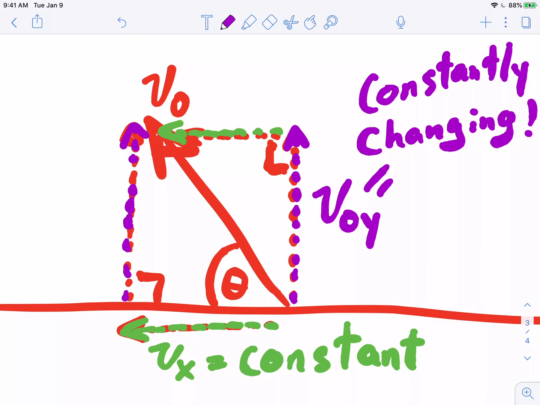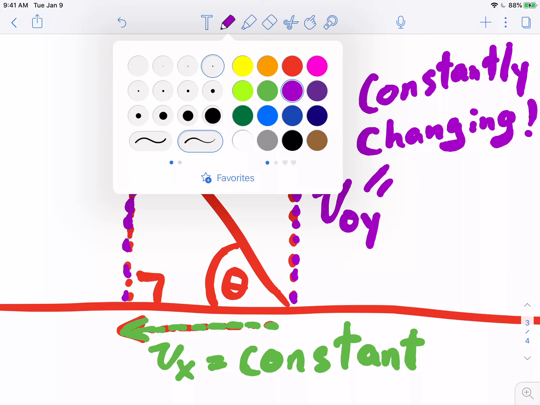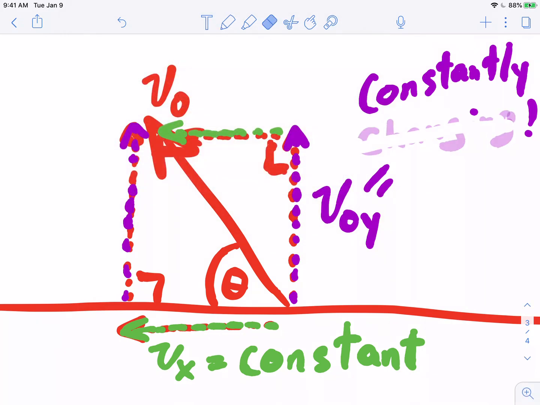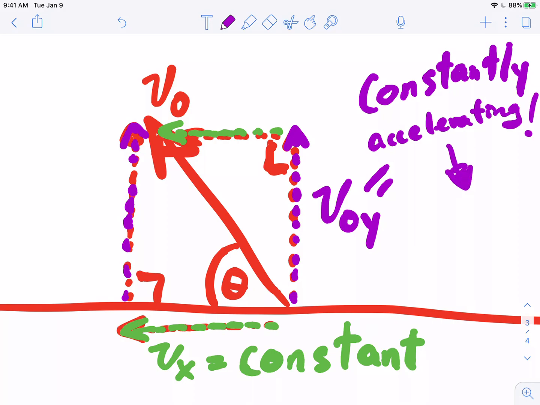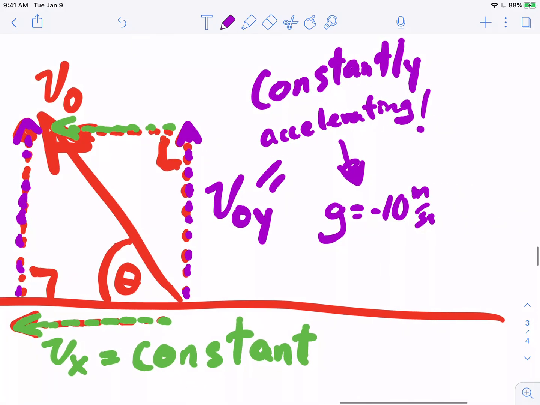Constantly accelerating, and how much? We know that it's going to be constantly accelerating by the value of g, which is negative 10 meters per second squared. Whoopee. Meters per second. Ooh, that's so ugly. Let's fix that. Meters per second squared.